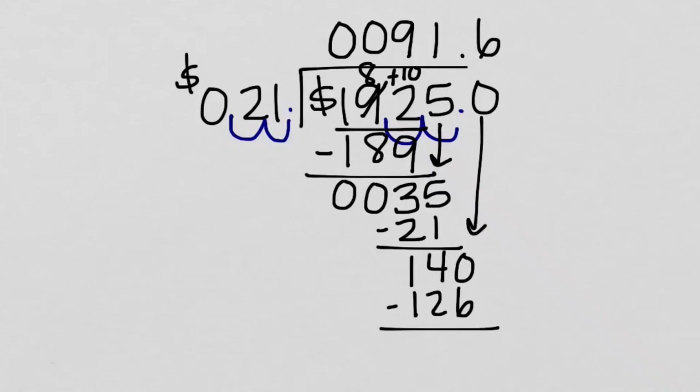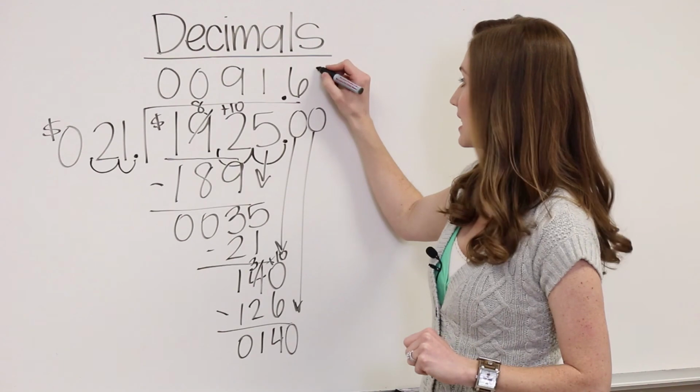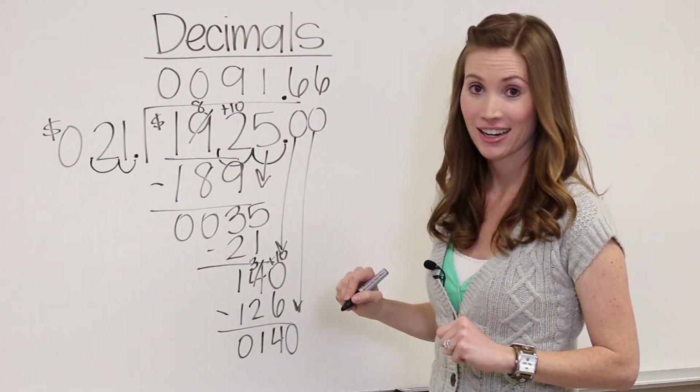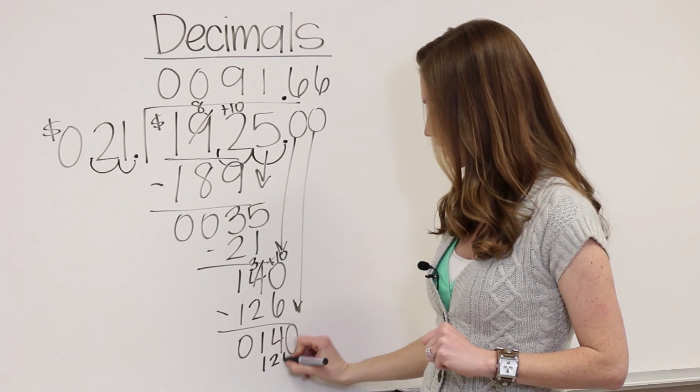We'll borrow from our 4, that will become a 3, and we'll add 10 to our 0. 10 minus 6 is 4. 3 minus 2 is 1, and 1 minus 1 is 0. Let's add another 0 and bring it down. How many times can 21 go into 140? 6 times, just like before. 6 times 21 is 126.